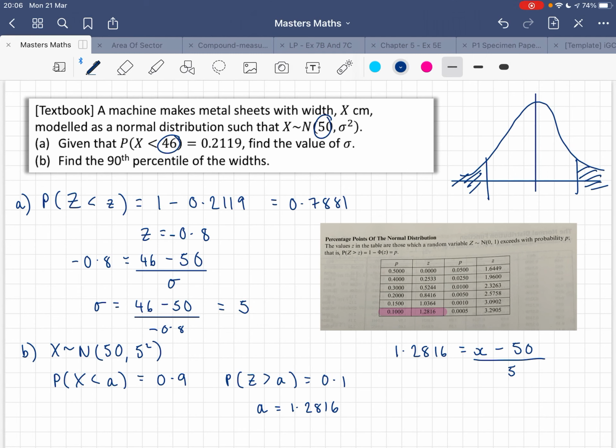That gives me X is 56.4, to 3 significant figures. I rounded it up. That's it. So I'm using part A to find the standard deviation, and then part B is using what you found in order to answer the same types of questions that we were doing last lesson.